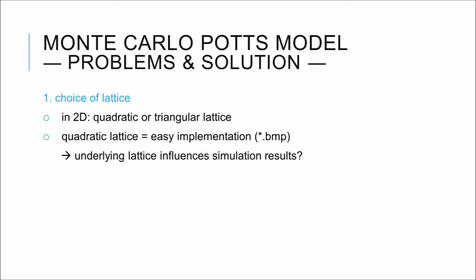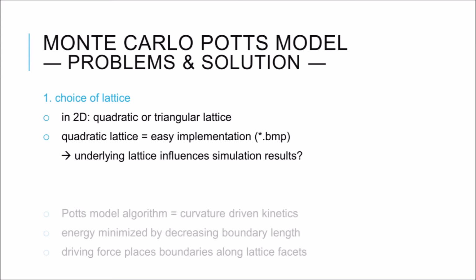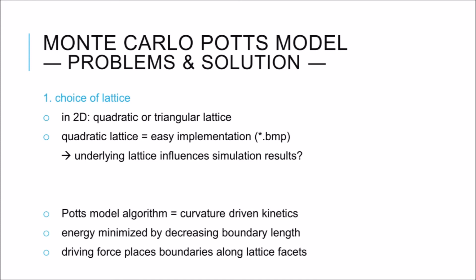The question is, does this underlying lattice influence the simulation results? And the answer comes from the Potts model itself. The Potts model algorithm simulates curvature-driven kinetics. It means that we have the energy minimized by decreasing the boundary length of each boundary and of course then of the total boundary length.